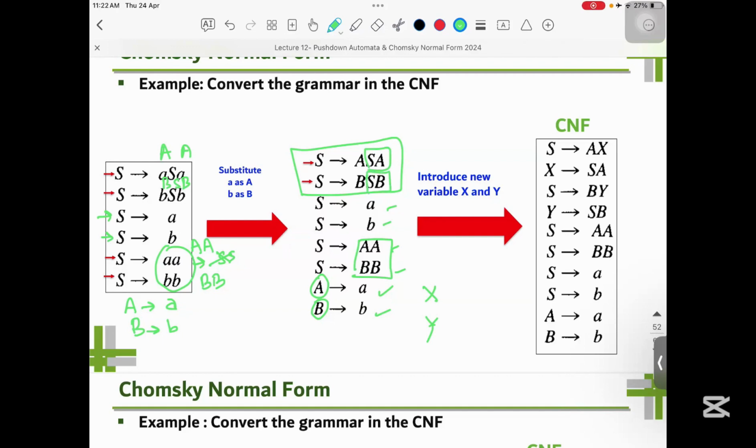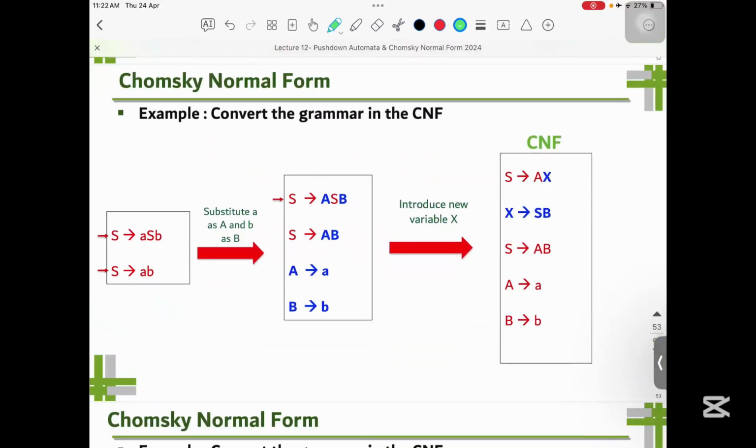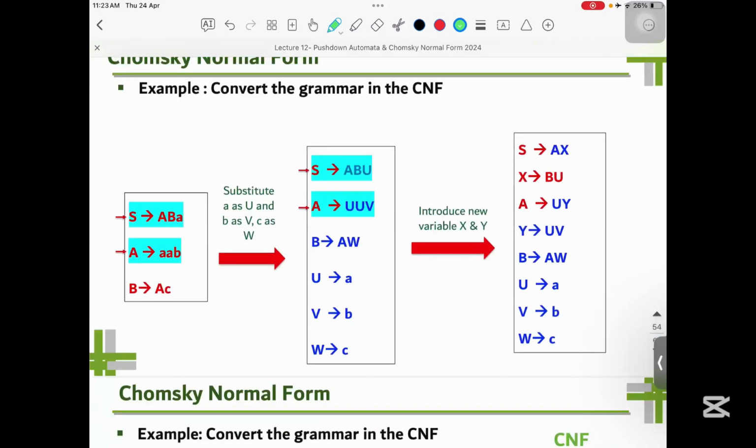So you actually make one variable X, another variable Y. Now you can see all of these are according to Chomsky. And here it will be S equal to ASB. And now again devise another variable, make X equal to SB, and here it will be AX. And now you can see your grammar is in the Chomsky normal form.